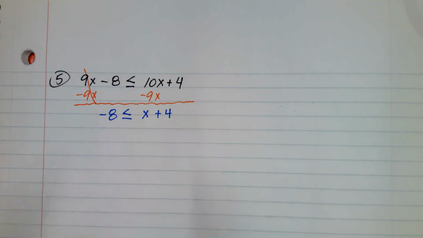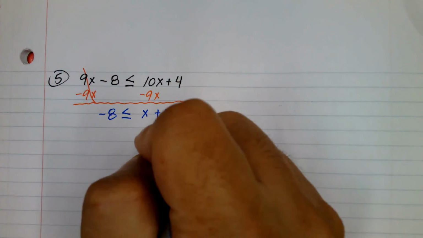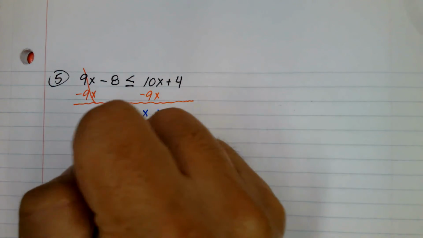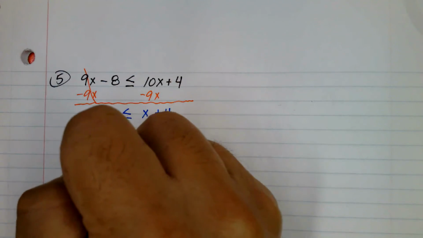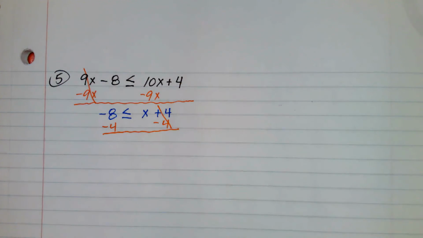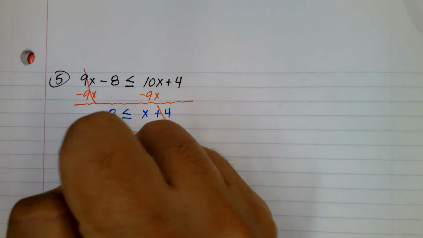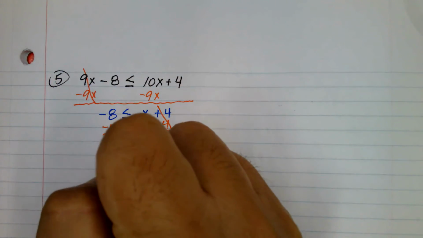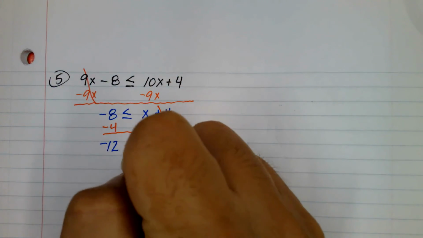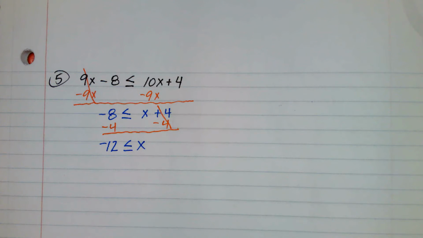Now I get rid of this plus 4, right? Like so. And now that would be what? Negative 12 is less than or equal to x. That's an answer.